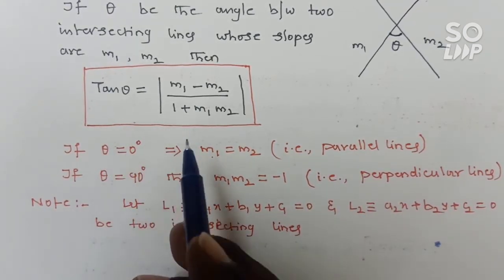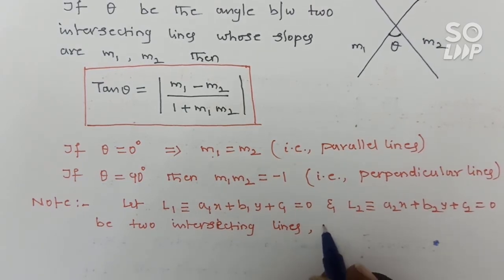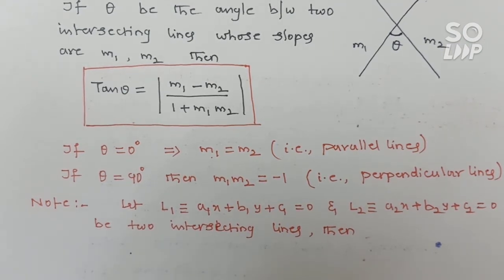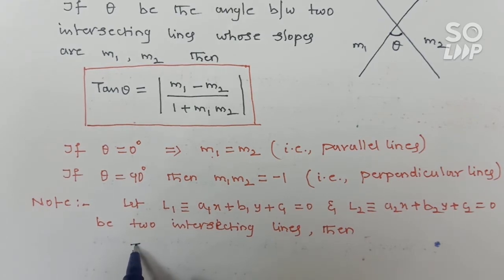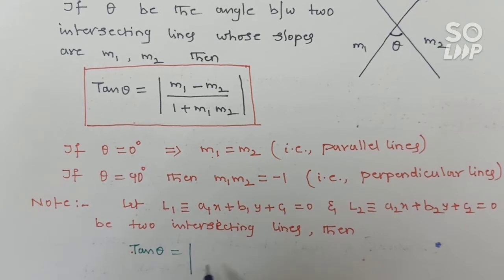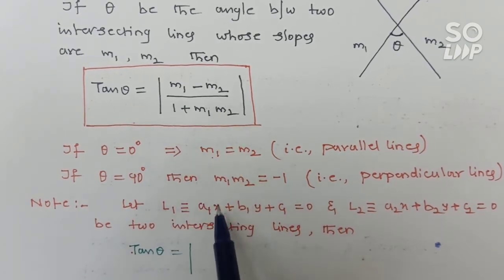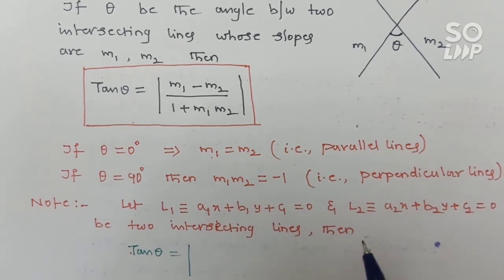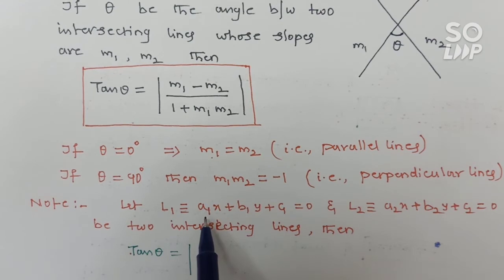From the above formula, tan theta is equal to, you see this value, modulus of (m1 minus m2) by (1 plus m1 m2). m1 is the slope of one line, m2 is the slope of the other line. In the previous concept, I told that the slope of a linear equation is minus of x coefficient by y coefficient.